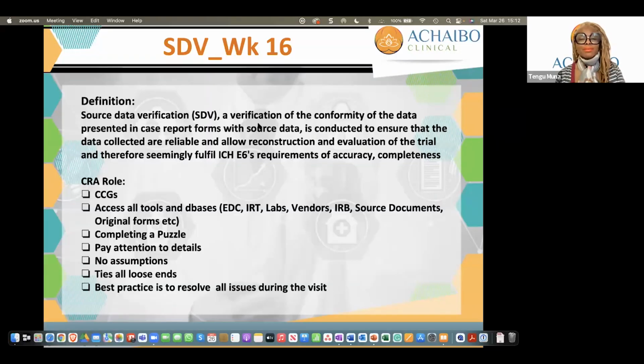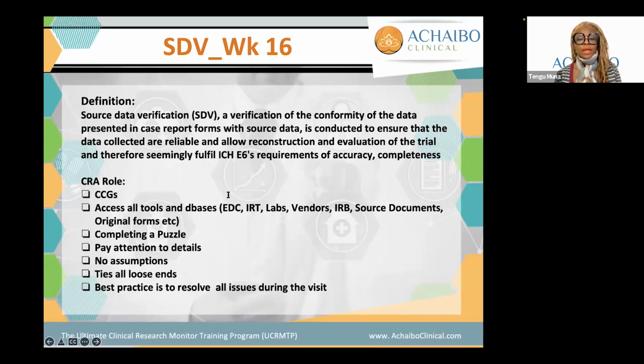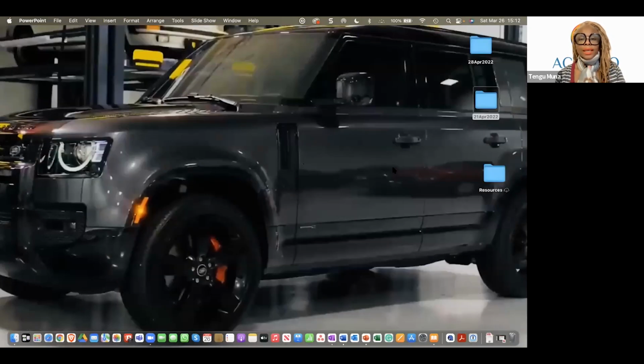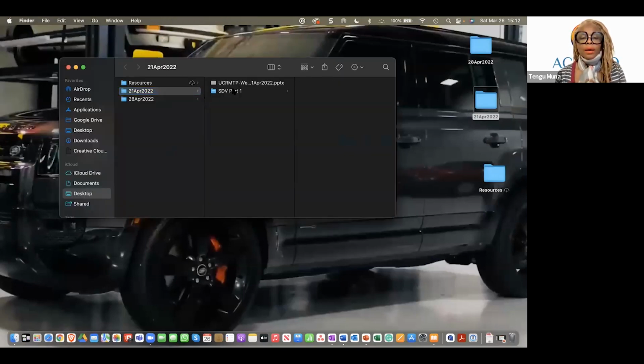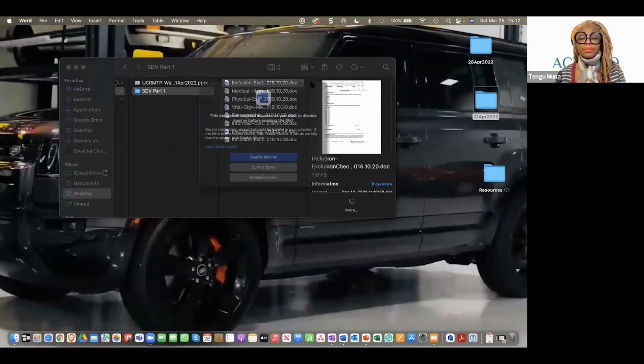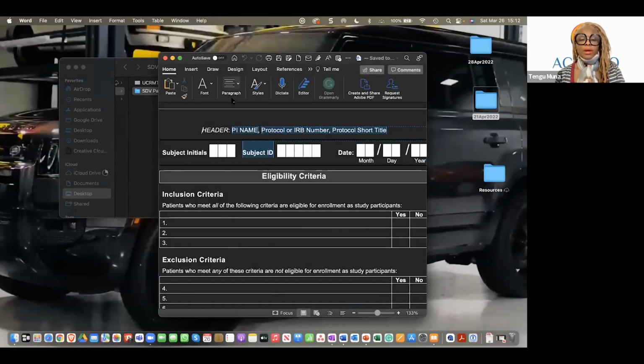Inclusion and exclusion. Apologies, technical issues. I'll just share my whole desktop, and let's go into Finder. Okay, here we are. This will be better. I think so. This is a better way of doing it.